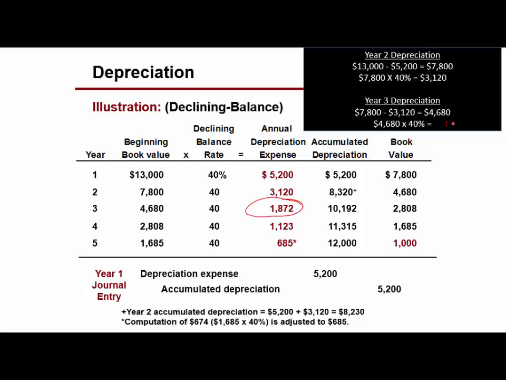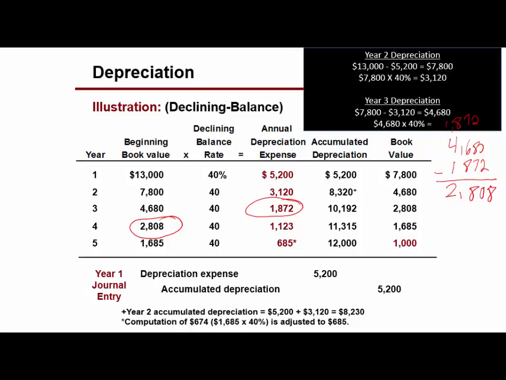1,872. Okay, good. 1,872. I take 4,680 minus 1,872. That gives me 2,808.